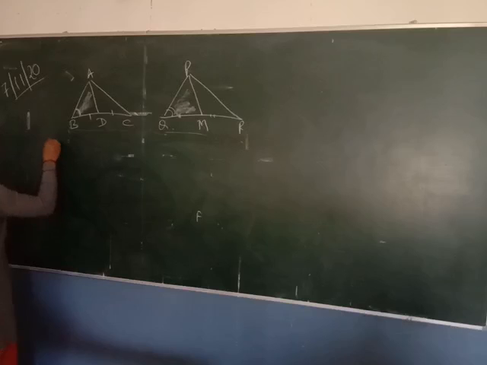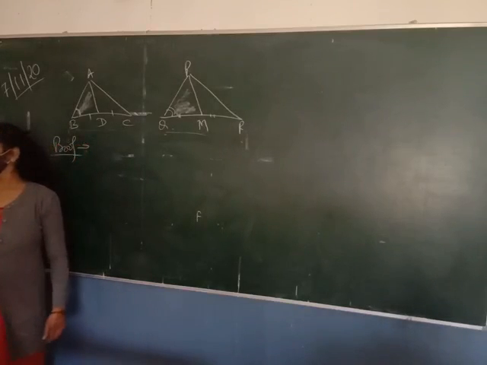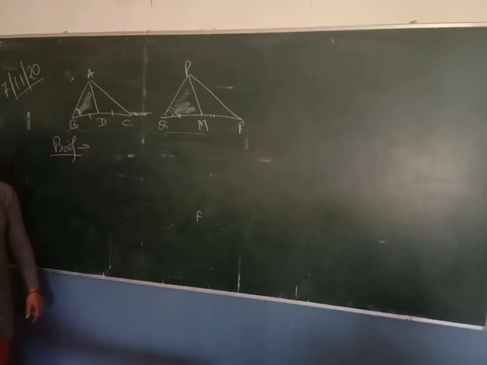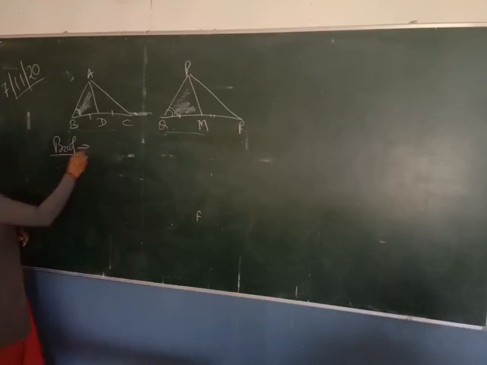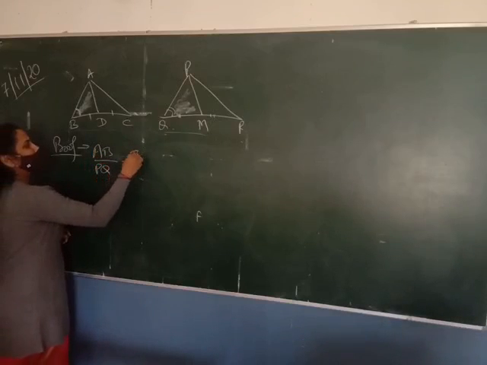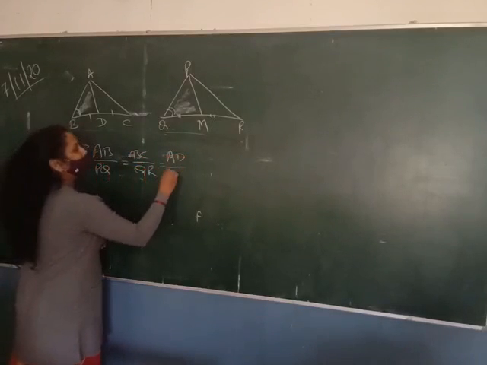Now the proof of the question. Who is going to help me? Nishan? Okay. First, I will write the ratios which are given in the question. That is AB upon PQ is equal to BC upon QR is equal to AD upon PM.